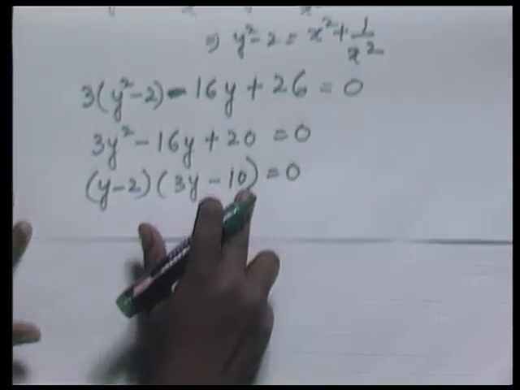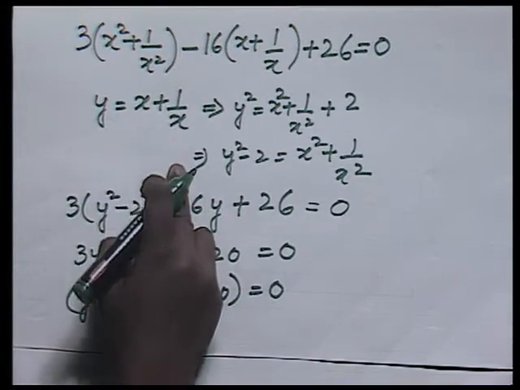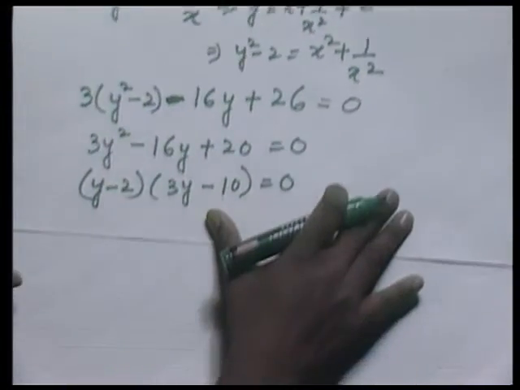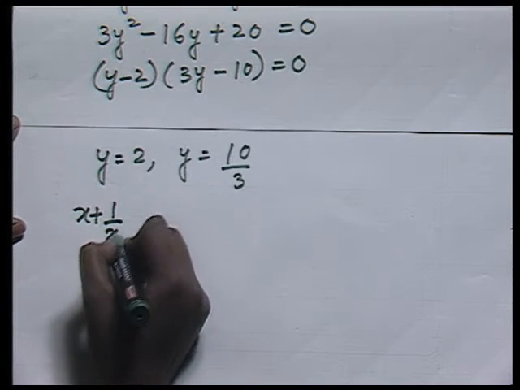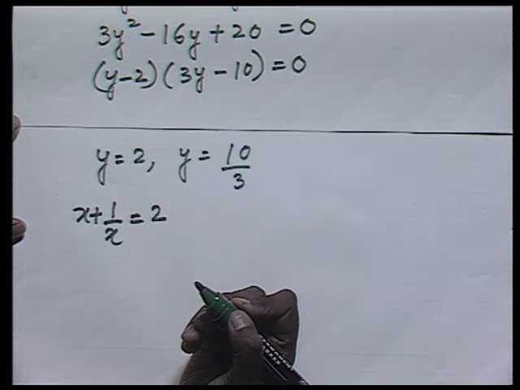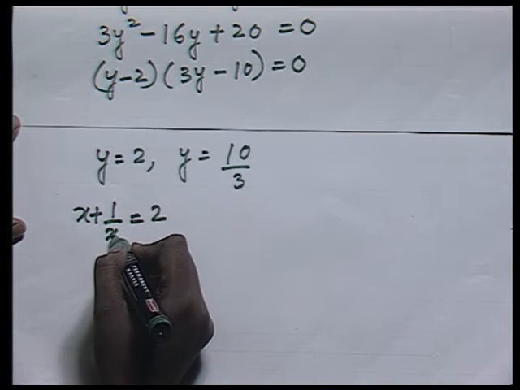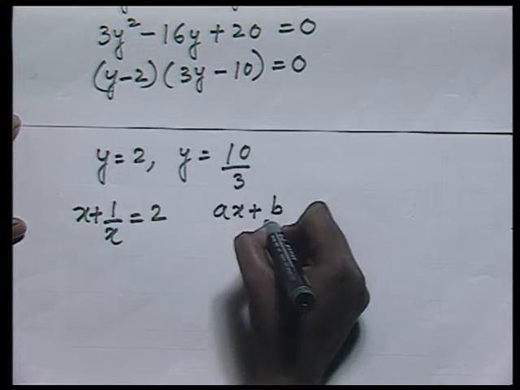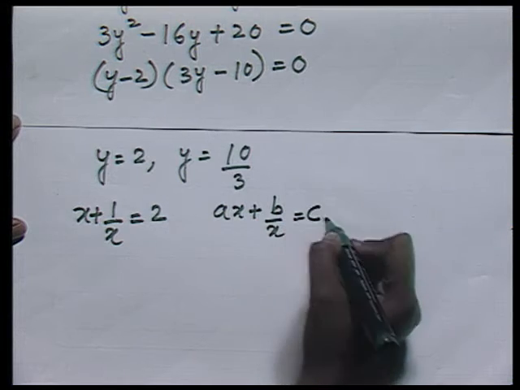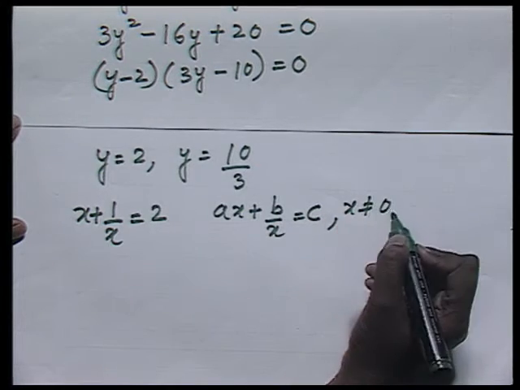So, again replacing this y by x plus 1 upon x, we get x plus 1 upon x is equal to 2. Now, we have solved equations of this type in our earlier lesson, that is equation of the form x plus b upon x is equal to c, if you remember correctly, where x is not equal to 0.